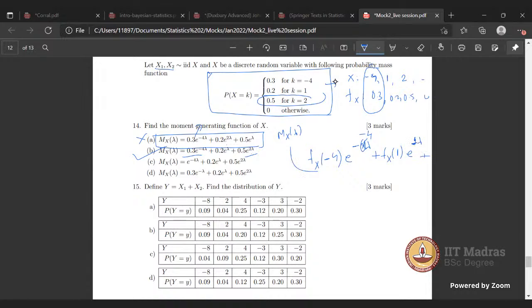Similarly, you just write this expression and then substitute the values. You will get the MGF of the random variable.